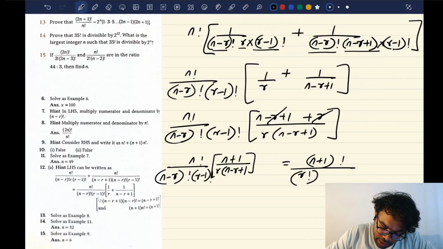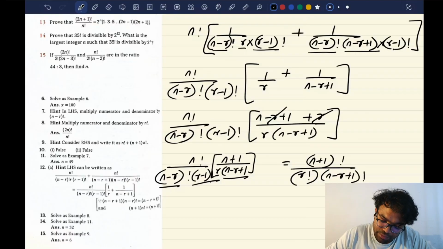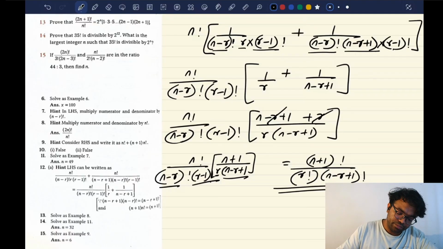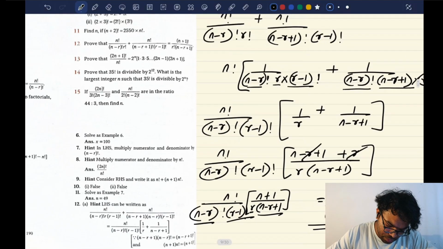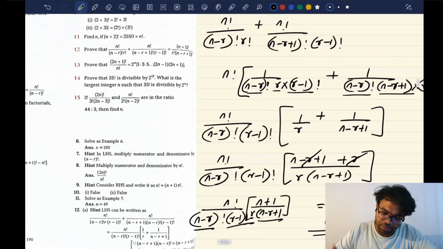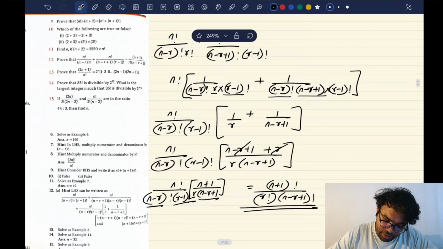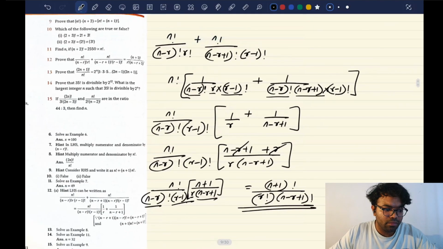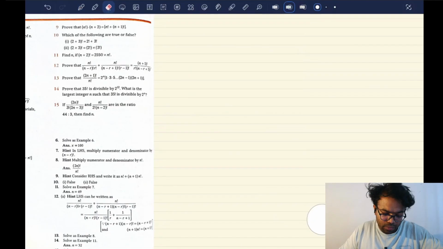N minus r into n minus r plus 1 becomes n minus r plus 1 factorial. Done. Yeah. Finished. Yeah, that's what we were supposed to do. Clear? Write this down. Okay.